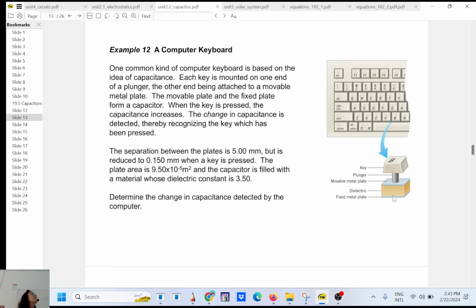So by decreasing the distance, what's going to happen to the capacitance? Is it going to increase or decrease? Increase. Because you increase the capacitance, there is more room for more charges, right? So you have a current that will flow to fill the empty space. So you are sending a signal to the CPU. There is electricity flowing here, and so that means that person hit the letter B. Isn't that cool? Very cool.